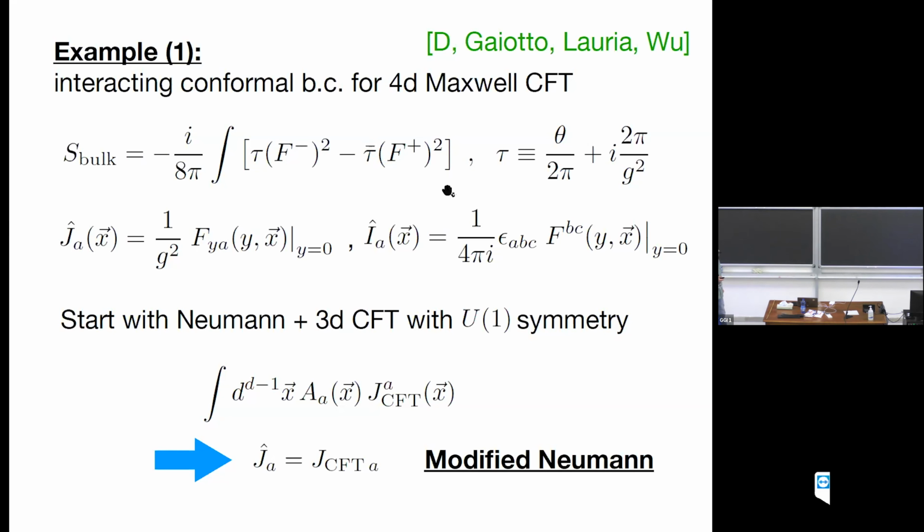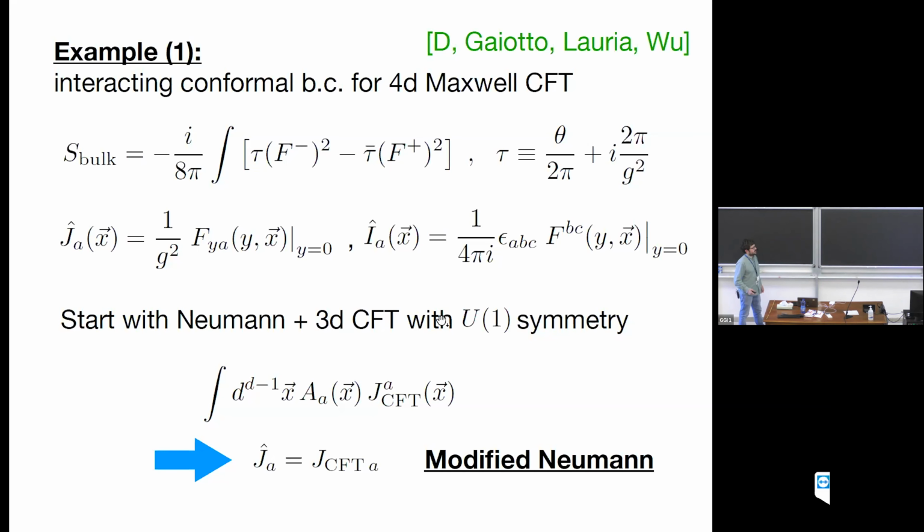And as I said before, in this case, the two operators are the electric and magnetic conserved currents on the boundary. And how do we define some interacting boundary condition? Well, it's very simple. We just put some 3-dimensional CFT with a U1 symmetry on our boundary.